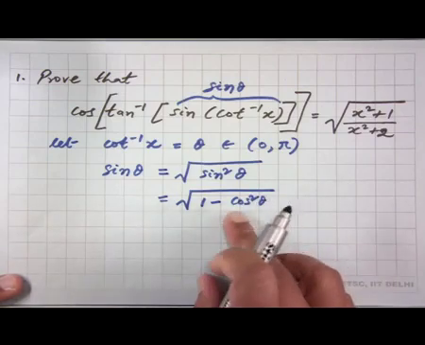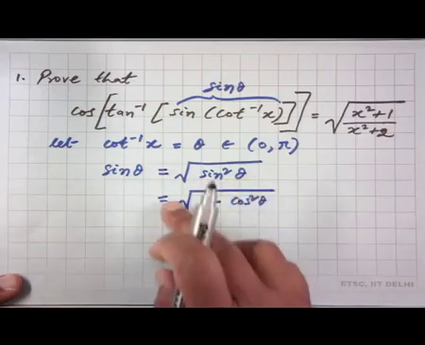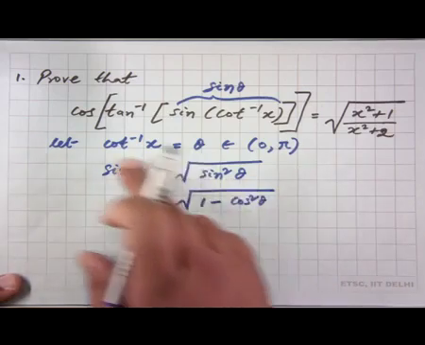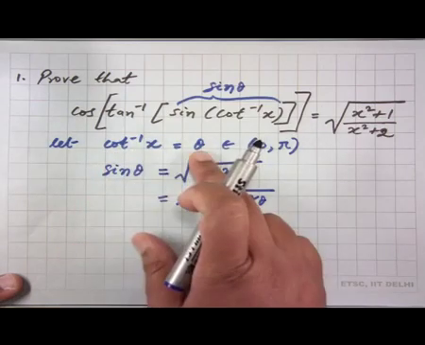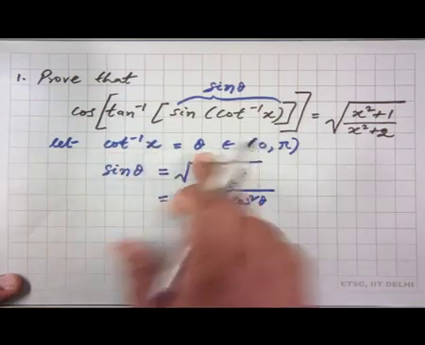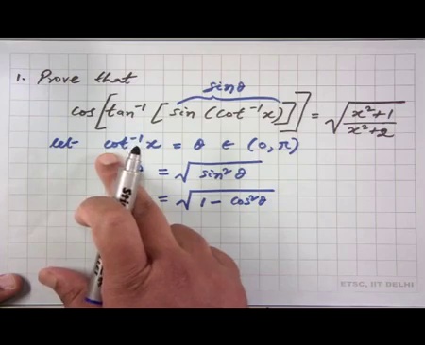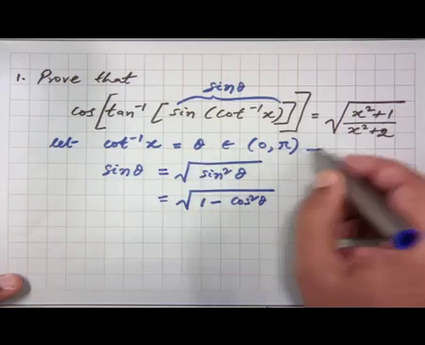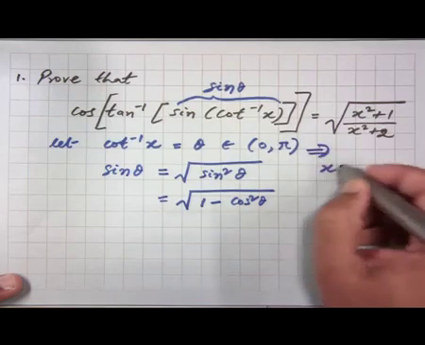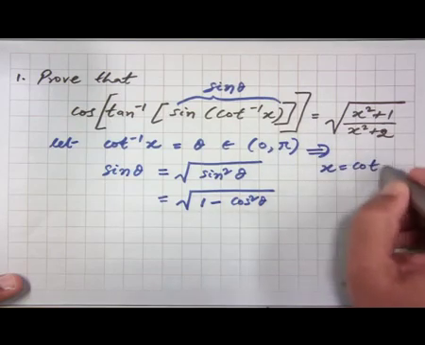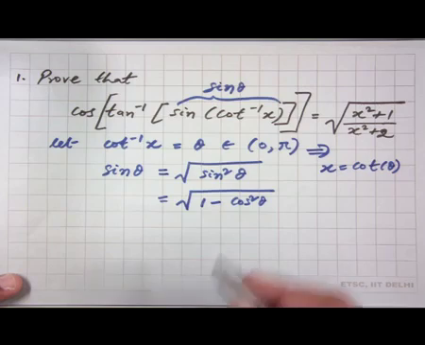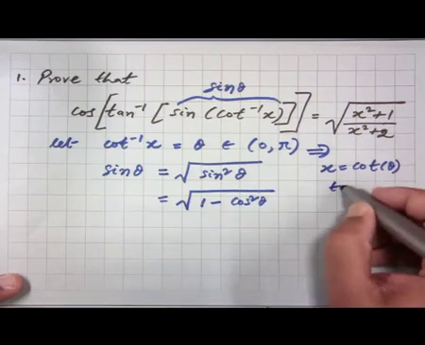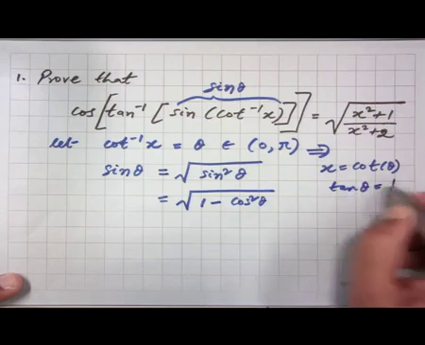Now, we need to express this right hand side in terms of x, and therefore we will use this relation here. If we apply the cot function on both the sides, what we get is that x equals cot of theta, and this then implies that tan theta is 1 over x.